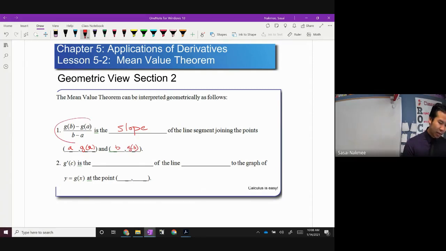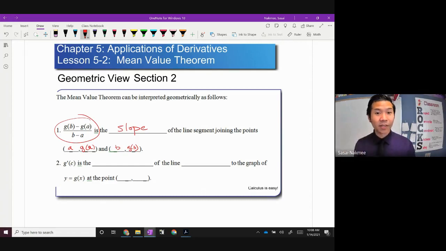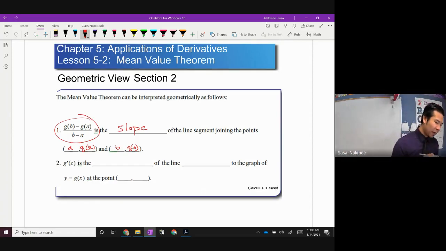So this right here is the calculation of the slope of that secant line. g prime of c, on the other hand, is the slope of the line tangent to the graph of y equals g of x at the point c, comma, g of c.